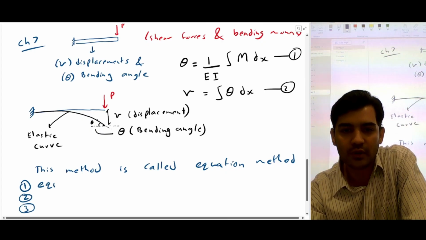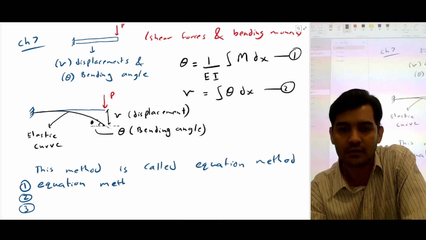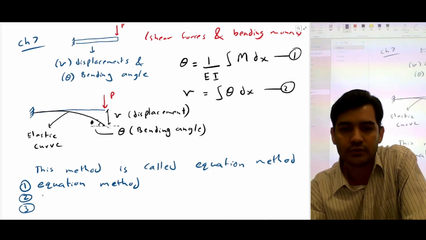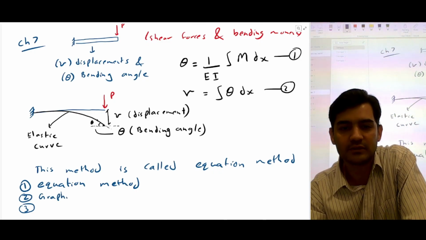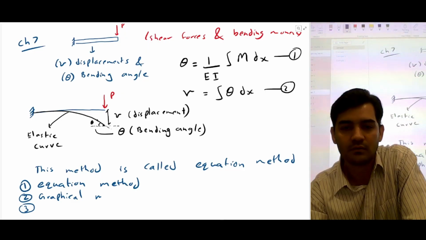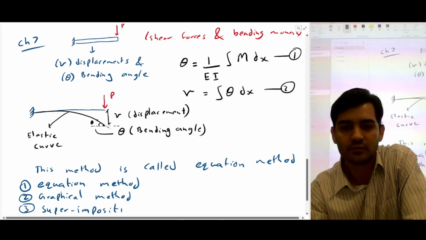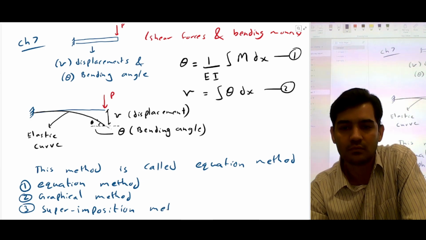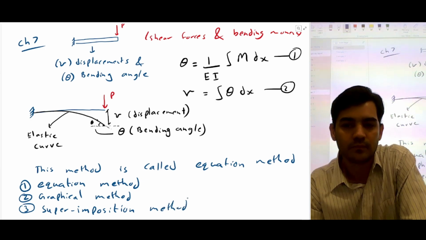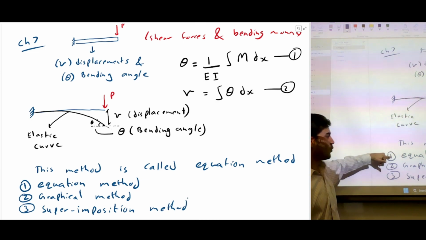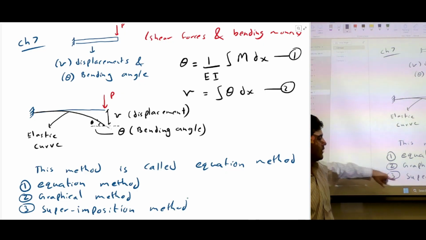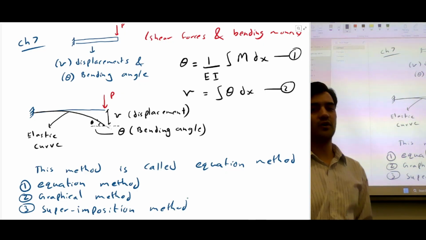One is equation method, which we will talk about today. You also have graphical method, and you also have superimposition. So today we'll talk about equation method, and you have two other methods to solve this problem.